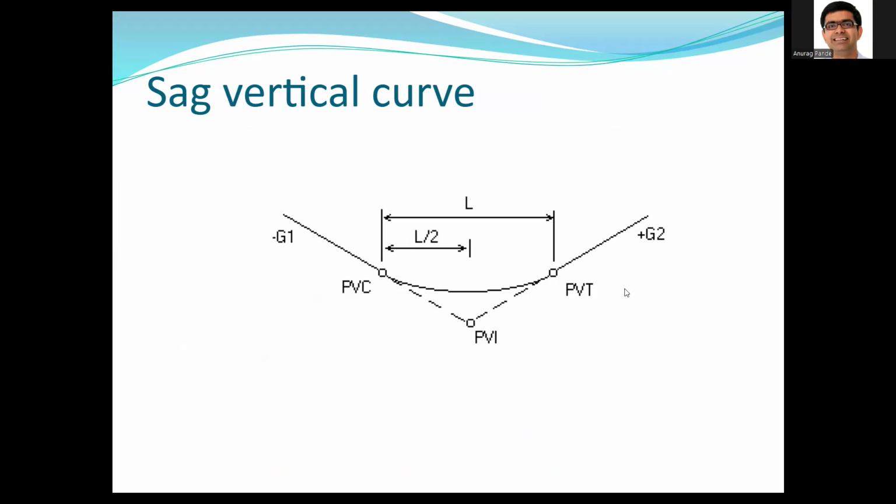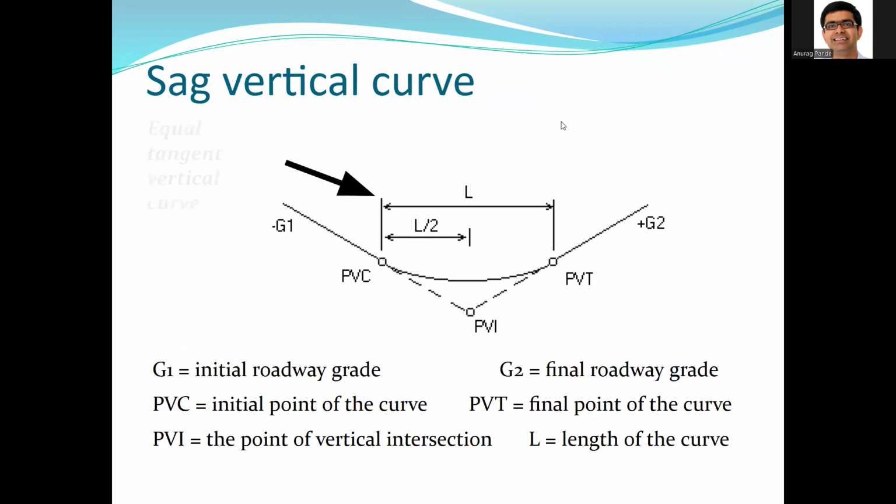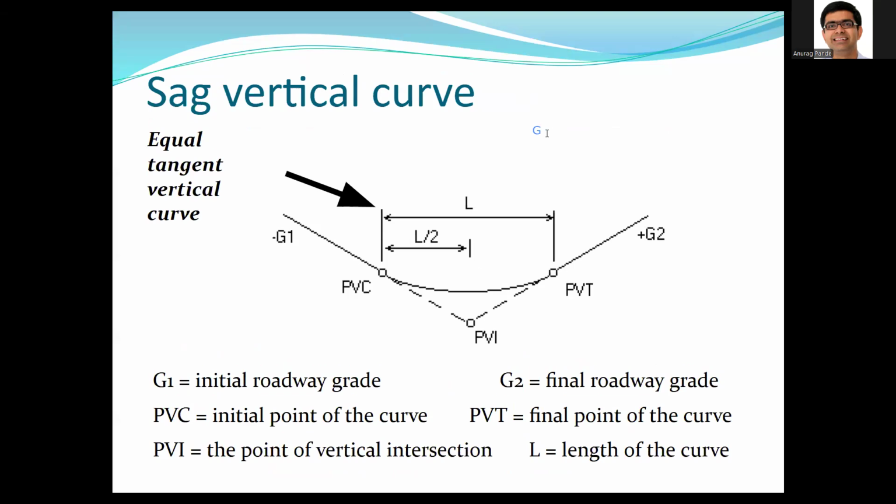Anytime you have G1 less than G2, you'll have a sag vertical curve.